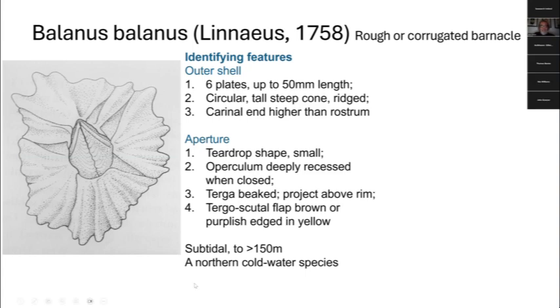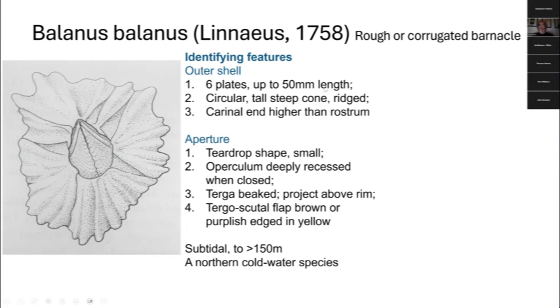Now to Balanus balanus, where the barnacles are increasing in size as we go through them at the moment. So 6 plates. This one can get up to 5 centimeters in length from front to back.